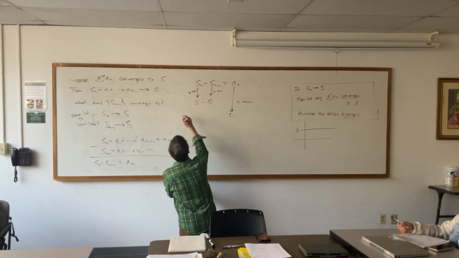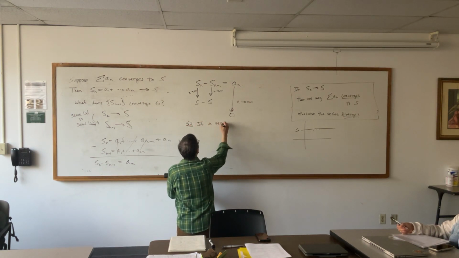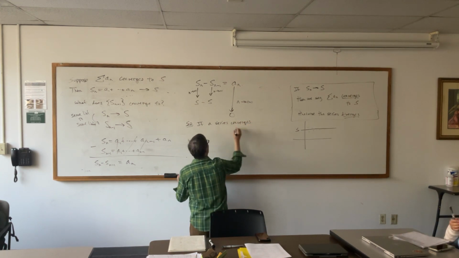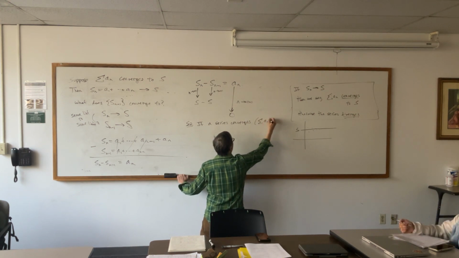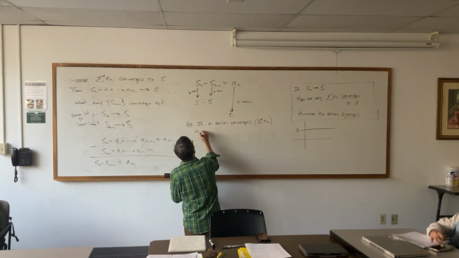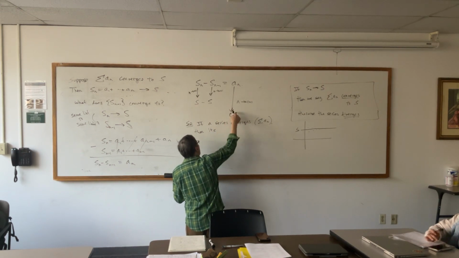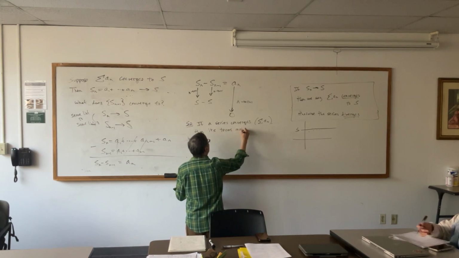But let me summarize. If a series converges, so let's say our series looks like this, sum of A sub n, then its terms must die out. They must go to 0.